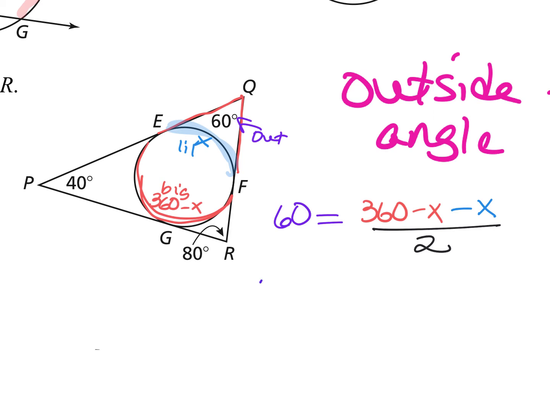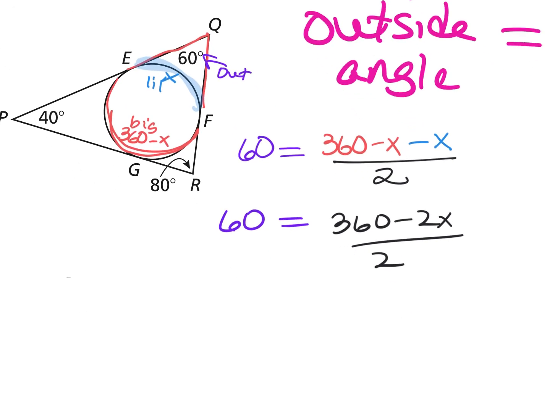So I end up getting 60 is equal to 360 minus 2x divide by 2. Now you can either multiply both sides by 2, or if you'd rather simplify this first, make this a 180, make that a 1, then you're dealing with a little bit smaller numbers.